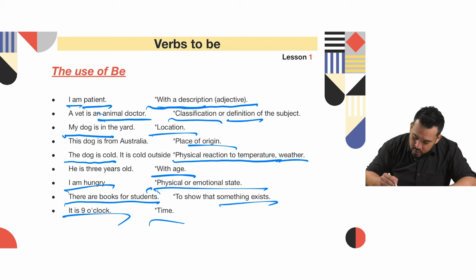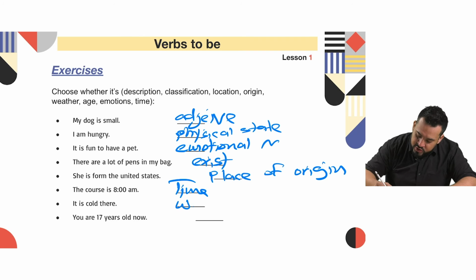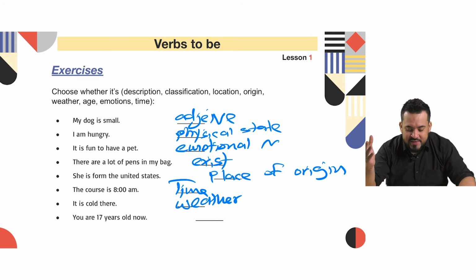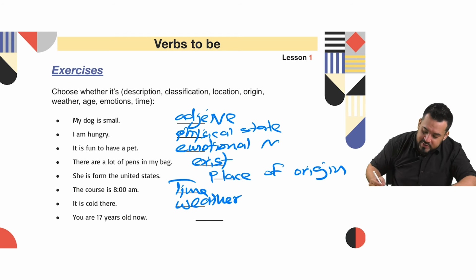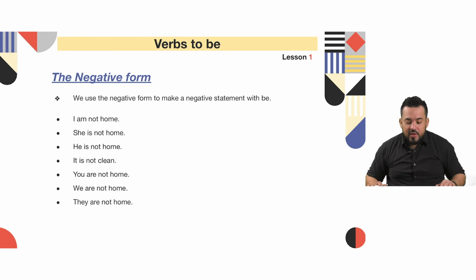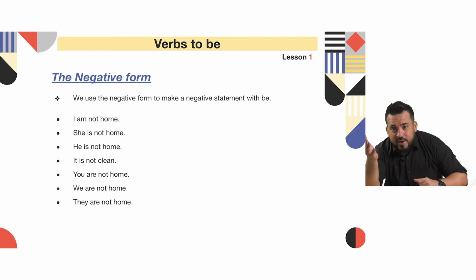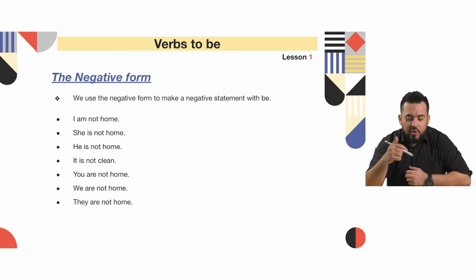Right here, this is physical reaction to temperature or weather. So we'll just write weather. Last one, you are 17 years old now. So that is age.